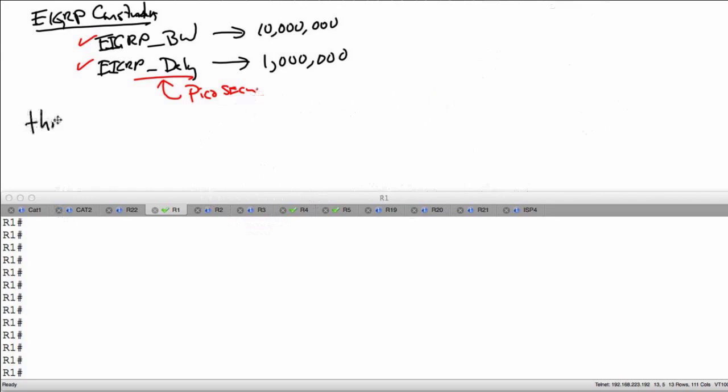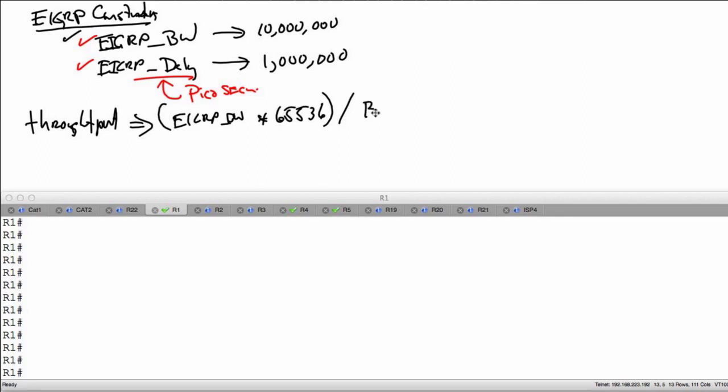So what equals throughput? Throughput is equivalent to our EIGRP bandwidth constant times the number 65536 divided by my bandwidth minimum.